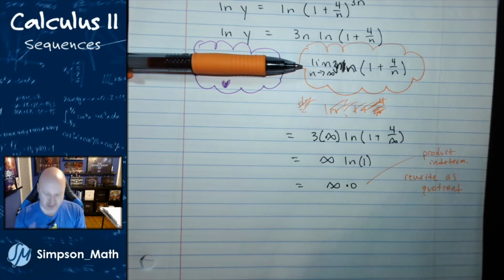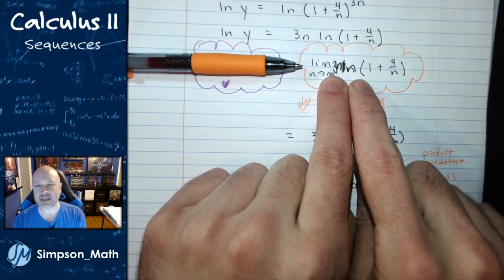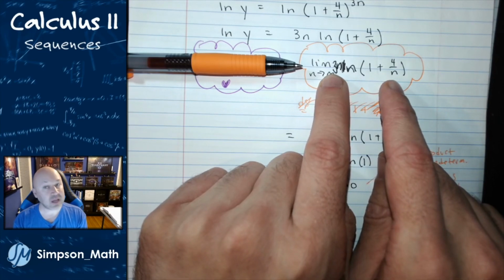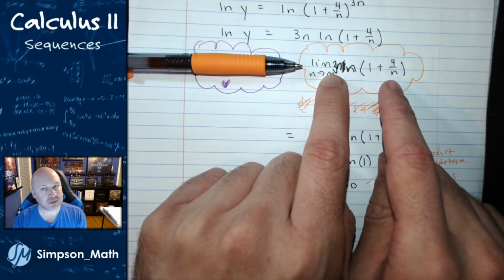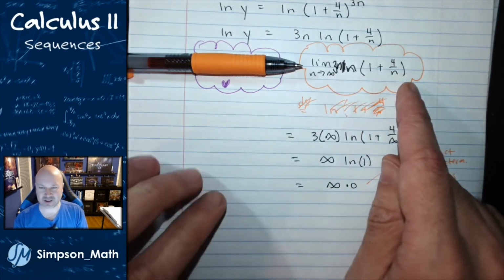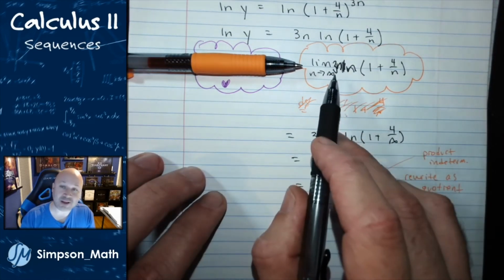So let's do that. Instead of multiplying 3n times the natural log, I can reciprocate the n. I don't want to reciprocate a natural log. That kind of scares me for some reason. So I'm going to rewrite this.